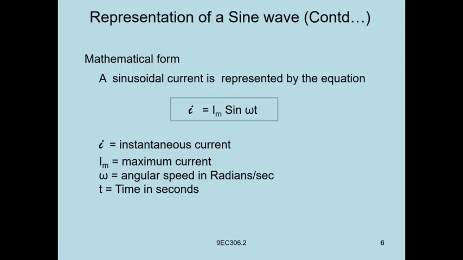Means the current is varying from 0 to maximum value, that is Im, with the angular speed omega, and it completes one cycle in time period T seconds.